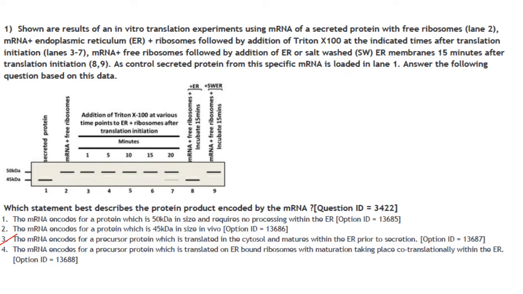Shown are results of in vitro translation experiments using mRNA of a secreted protein with free ribosomes, that is lane 2, this one. That is around 50 kDa, and mRNA plus endoplasmic reticulum plus ribosomes followed by addition of Triton X100 at the indicated times after translation initiation, lane 3 to 7, that is from here to here.